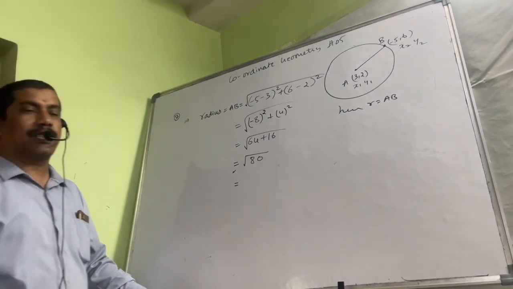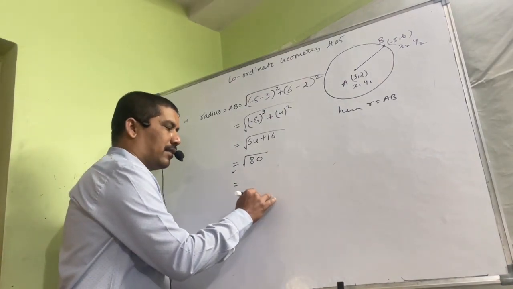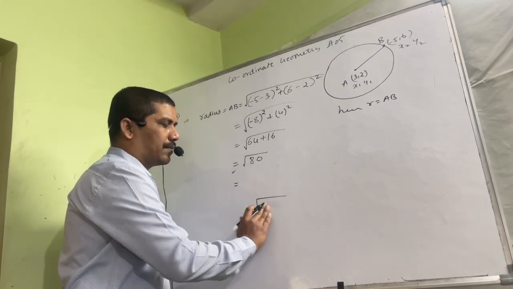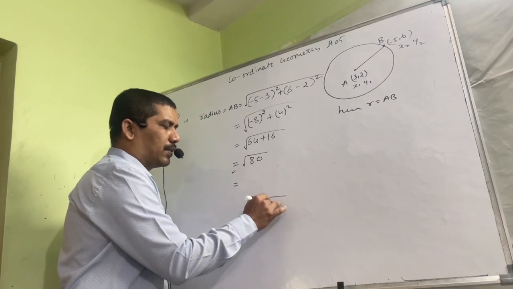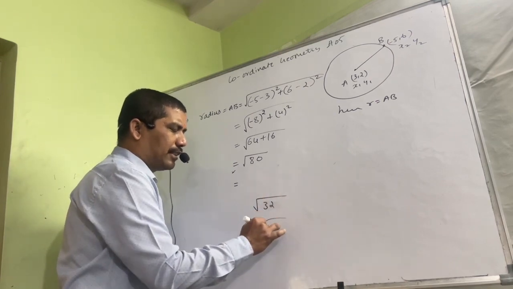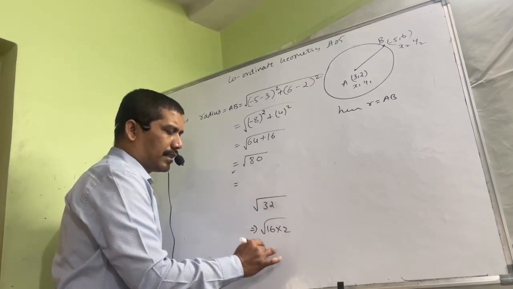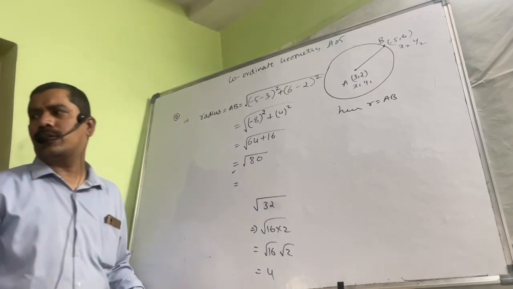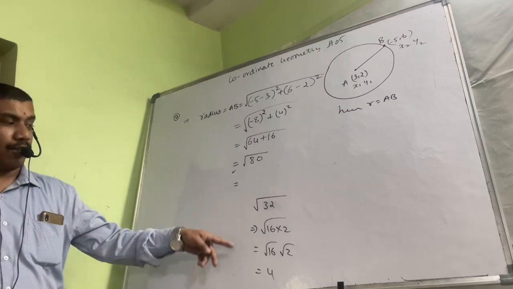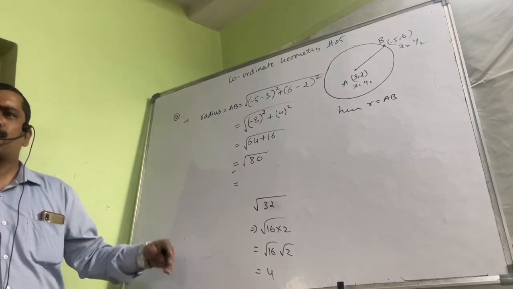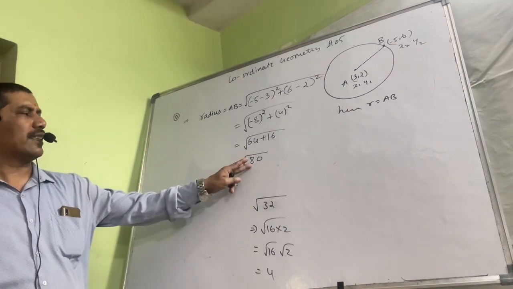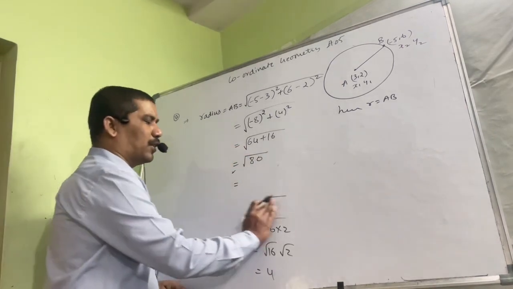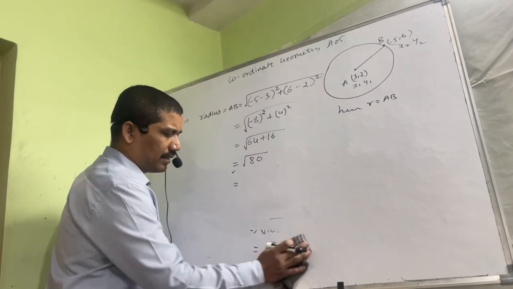If suppose some numbers will be like this, you see. 52, or else 32. 32 can be written as 16 into 2, no? Under root, 16 can be written as 4. Right, like this if possible we should do. If not possible, leave it. So right now it's looking like not possible. So we leave it as it is. Getting with this point, everyone? Yes. Right.